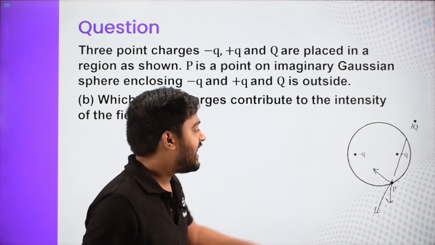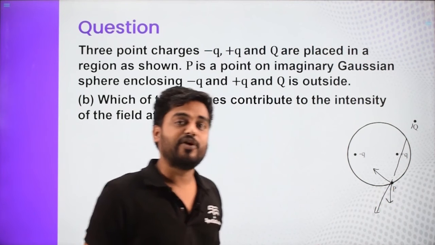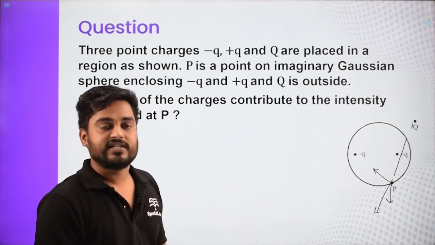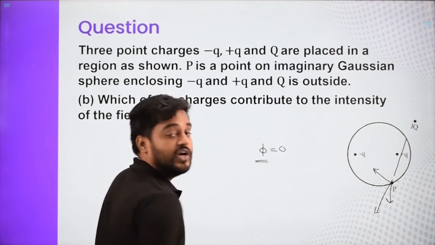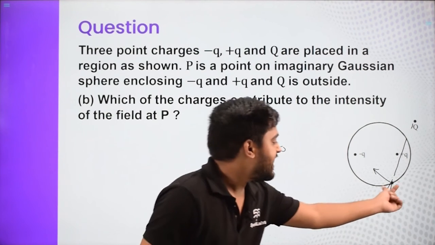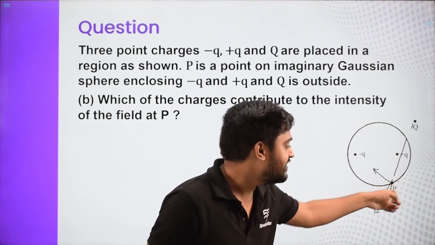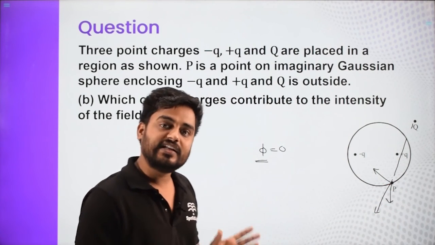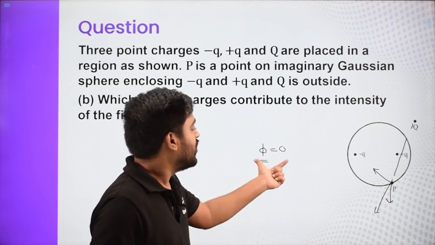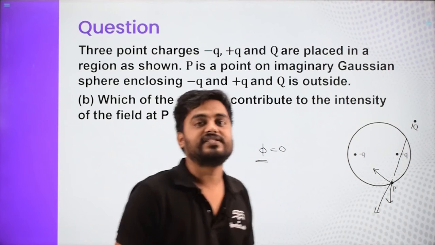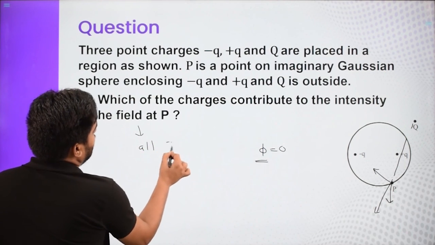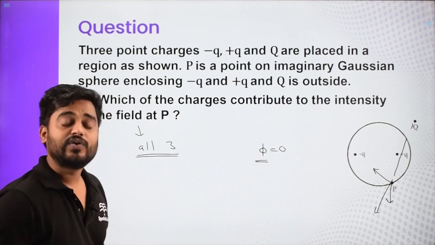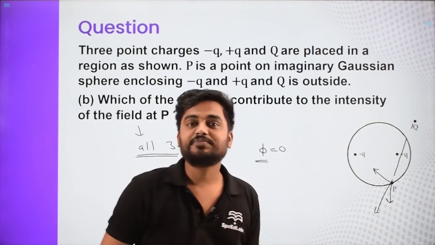The electric field intensity at this point is due to all the charges. We know that flux is 0, but this is the total flux, not the flux in this region. So here the electric field is not 0. The electric field is a non-zero quantity, but the total flux through this entire surface is 0. So the answer is all three; all three contribute to the electric field intensity at this particular point.